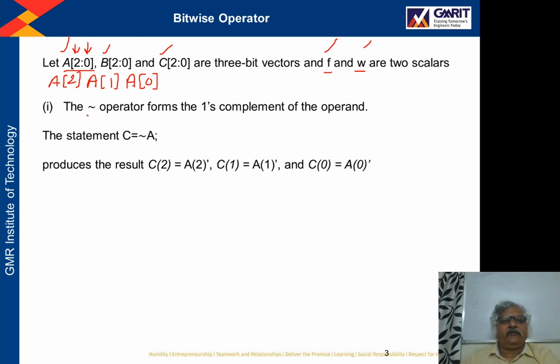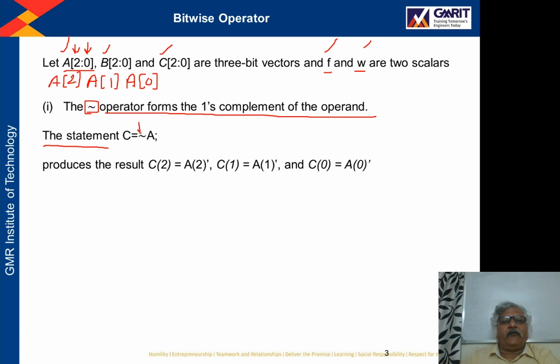Now the first one, this tilde symbol. This operator performs the one's complement of the operand. Let us assume we have the statement C is equal to tilde A. What will happen?